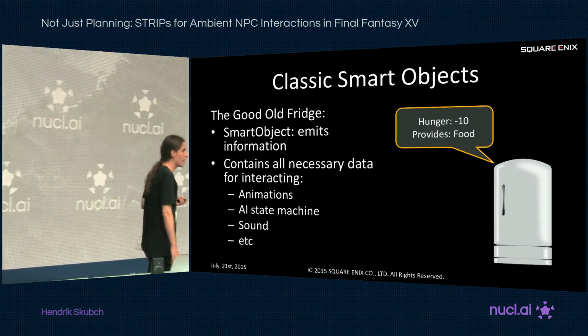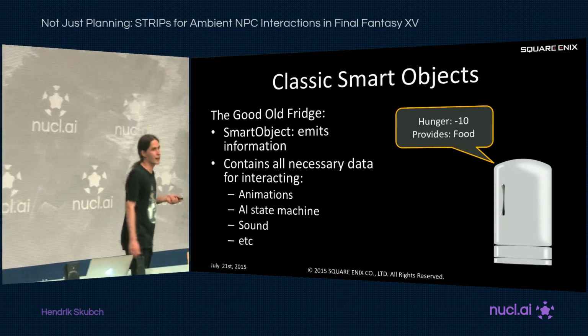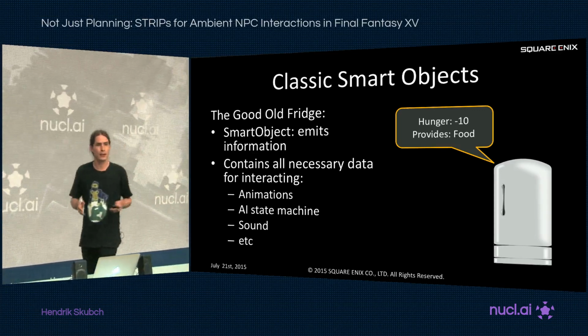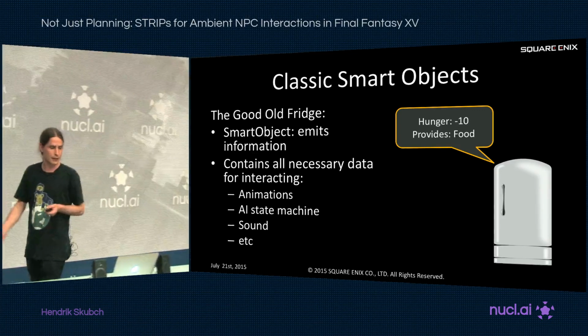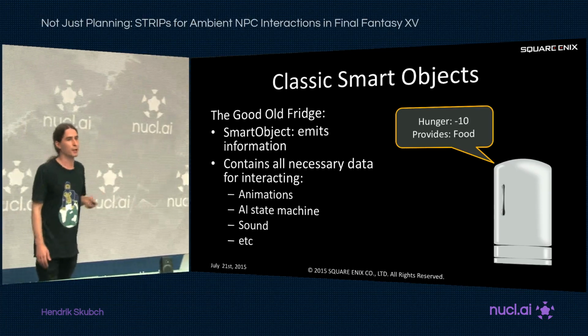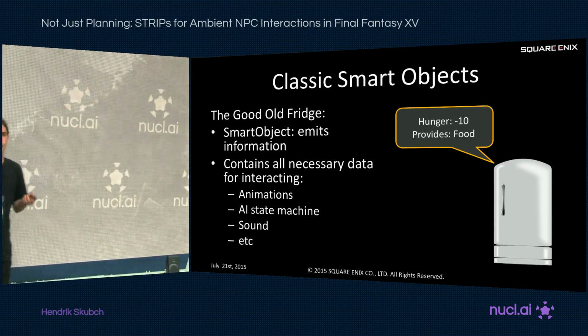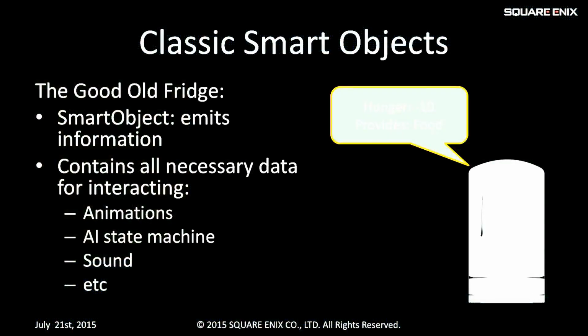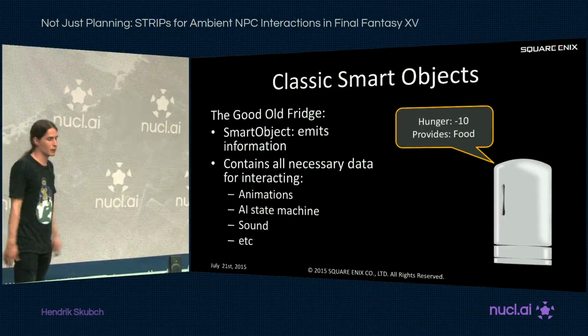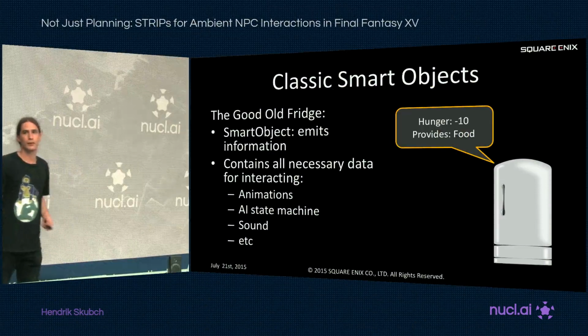So when we think of interacting with the environment, a very old concept used as far back as The Sims is smart objects. So we can place objects into the environment that emit information, such as I can reduce your hunger by 10, or I provide some food.